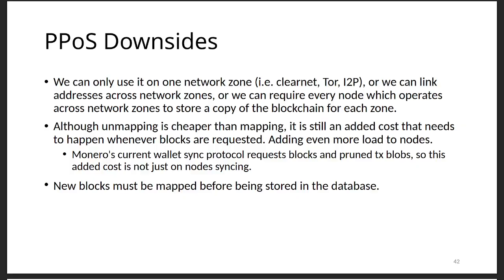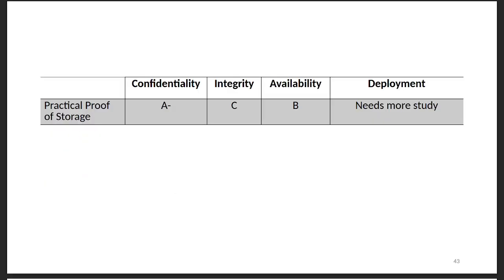Although unmapping is cheaper than mapping, it is still an added cost that needs to happen whenever blocks are requested, adding even more load to nodes. Monero's current wallet sync protocol requests blocks and prune transaction blobs, so this added cost is not just on nodes syncing. Lastly, new blocks must be mapped before being stored in the database.